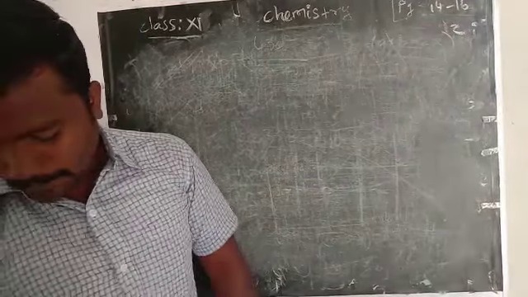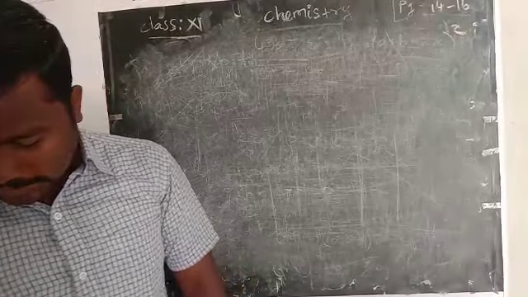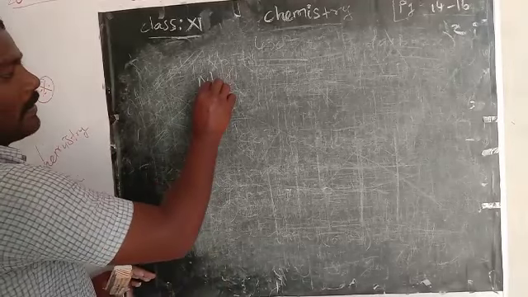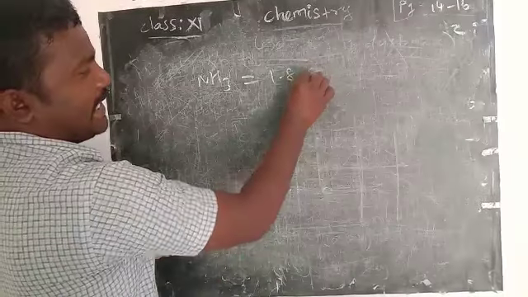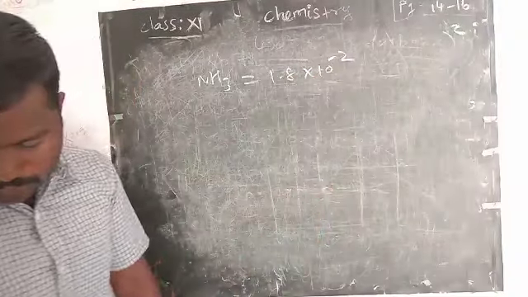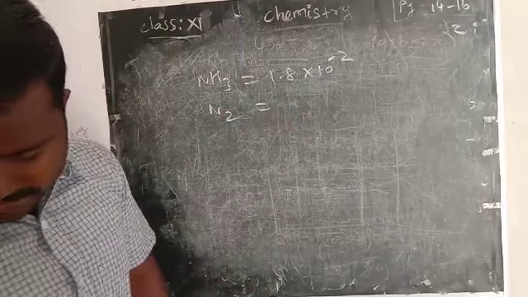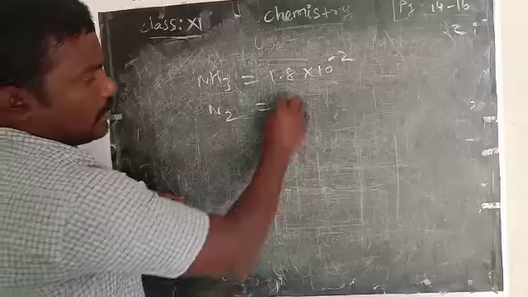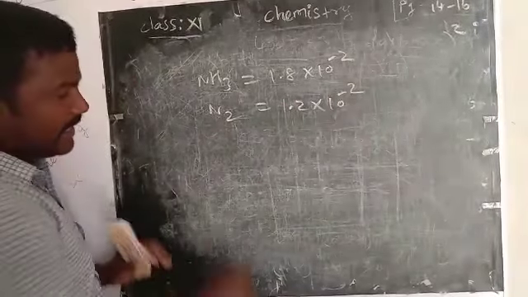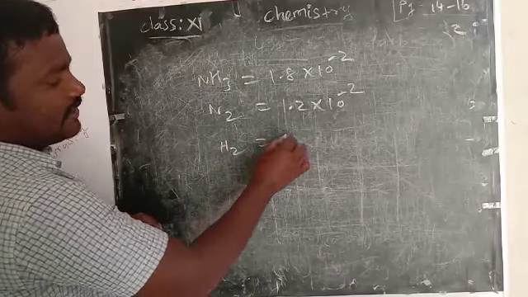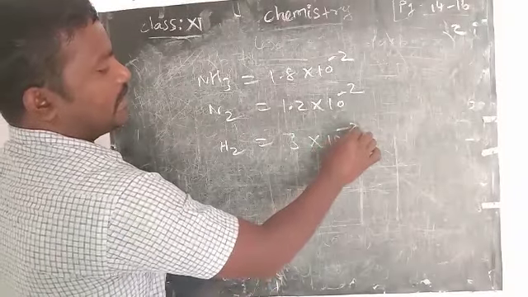First example problem. For the same ammonia preparation reaction, the ammonia concentration is given 1.8 into 10 power minus 2. Then the nitrogen concentration is given 1.2 into 10 power minus 2. The same way, the hydrogen concentration is also 3 into 10 power minus 2.